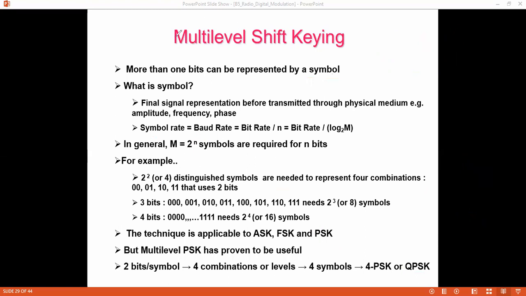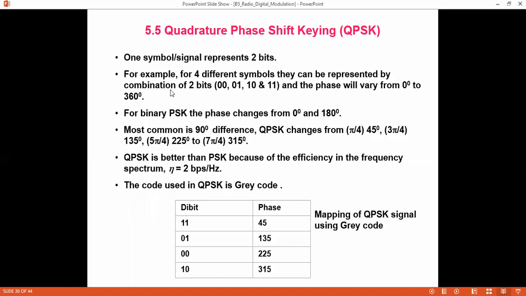Okay, so let's move to our next slide. In QPSK, one symbol represents 2 bits. Since it's PSK, phase shifting, the symbol used is phase.